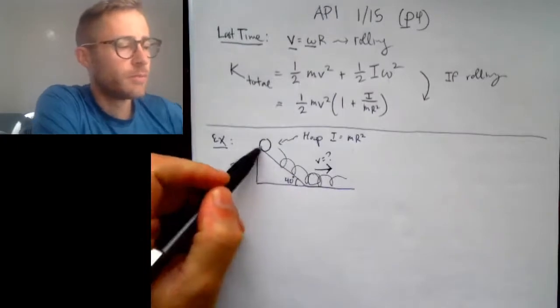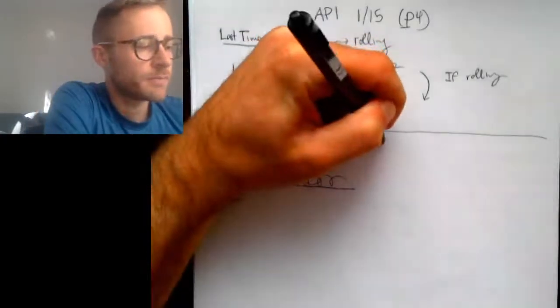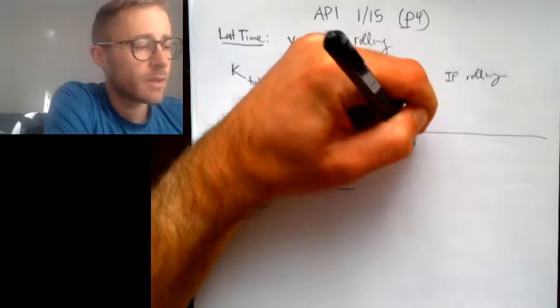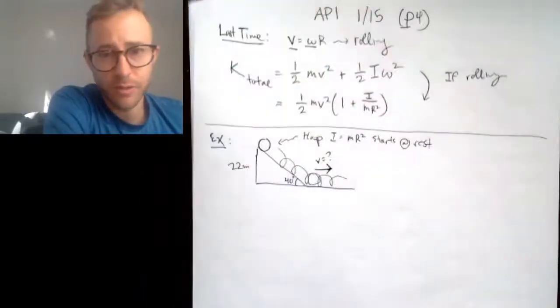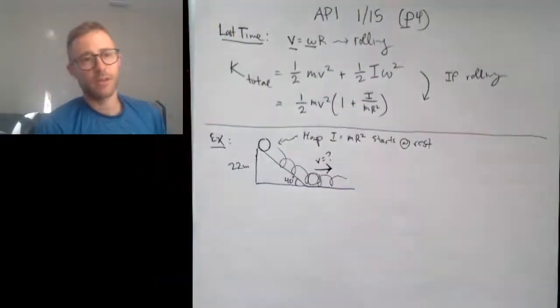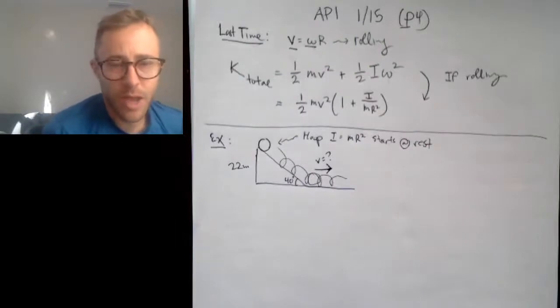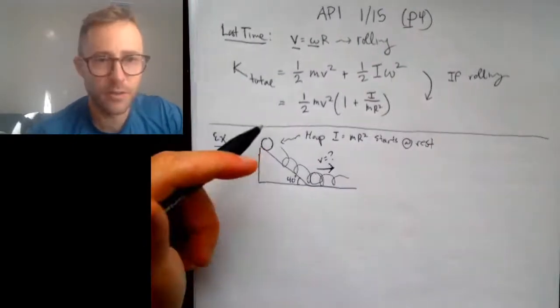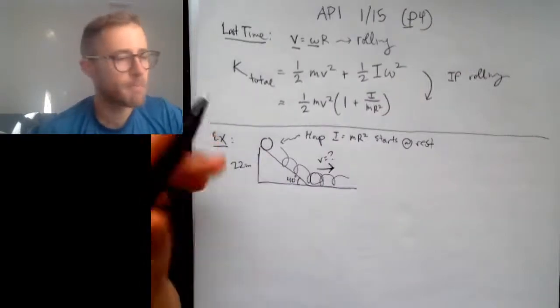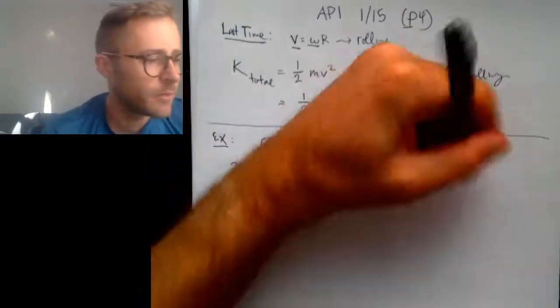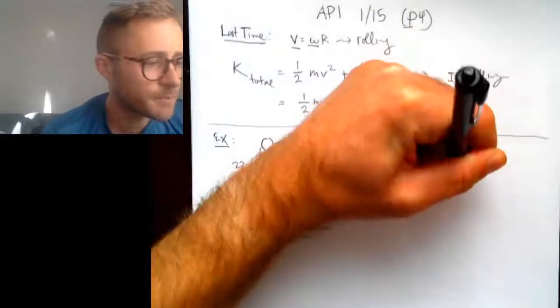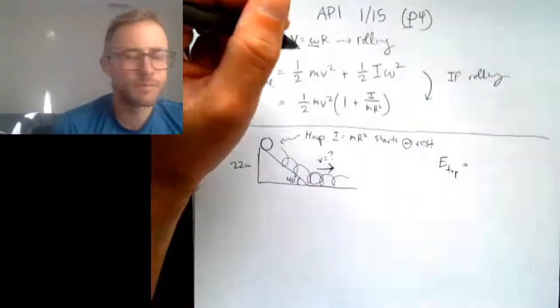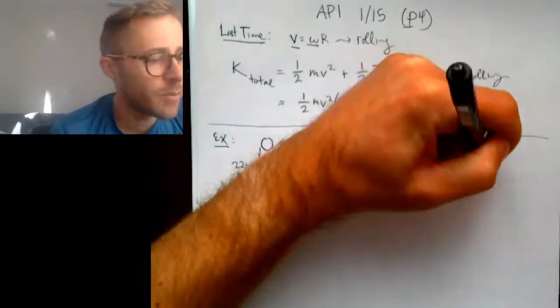The hoop starts at rest. It is not necessarily true that the hoop could start at rest. In fact, one of the quiz problems had an object that is rolling at the top of the hill. It's already rolling. So the energy at the top is equal to the energy at the bottom.